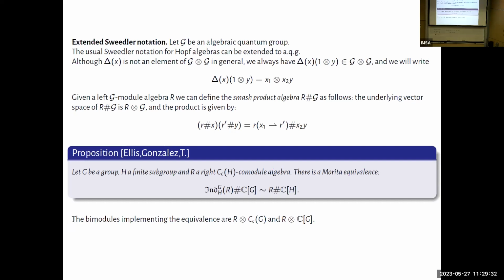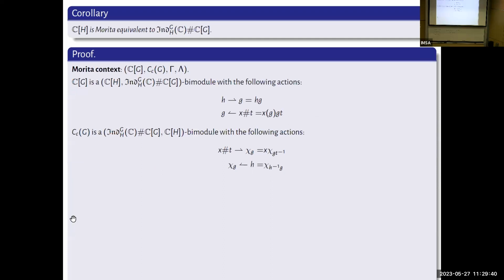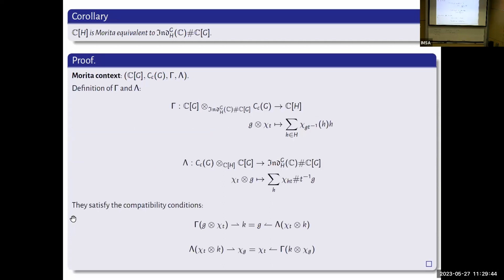You don't have to put in a subgroup. Yes, we work equally. Fine. Yes, it doesn't depend on the subgroup that we take. So these sums are over the elements of H, which is fine. And these are the compatibility conditions that are satisfied for the Morita context.